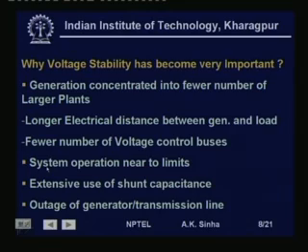That is, the power system is now running under much more stressed conditions, with most of the equipment running very near to the limits. That means the margins available are not much, and therefore large disturbances can create situations where instability can occur.